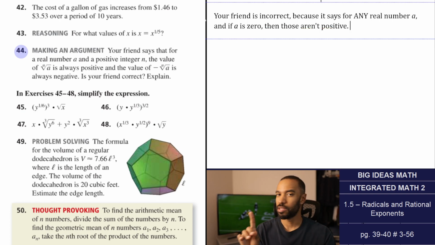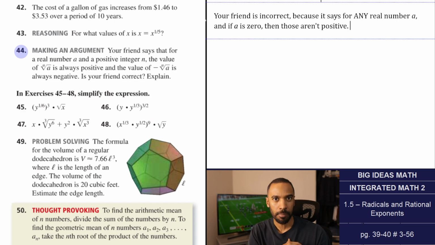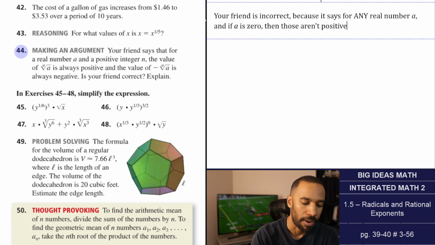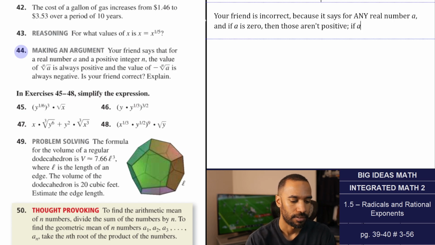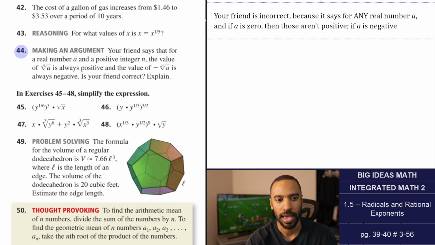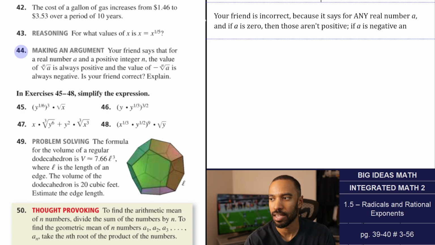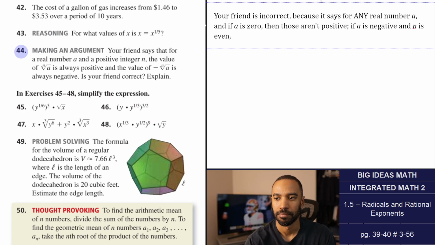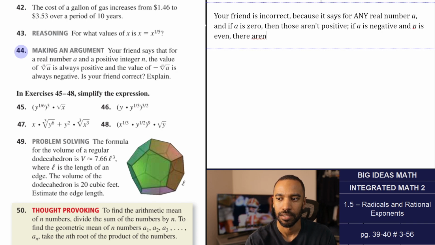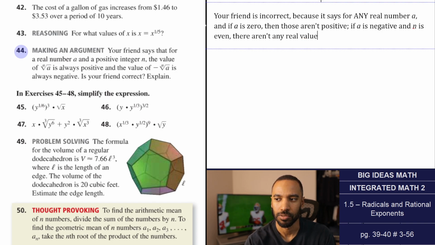Now, it only takes me to dispute one thing for me to be correct in saying the friend's incorrect. But if a is negative, and notice how they say a positive integer n, that means n can be even numbers. If a is negative and n is even, there aren't any real values.